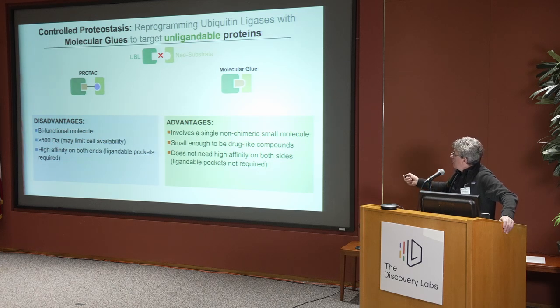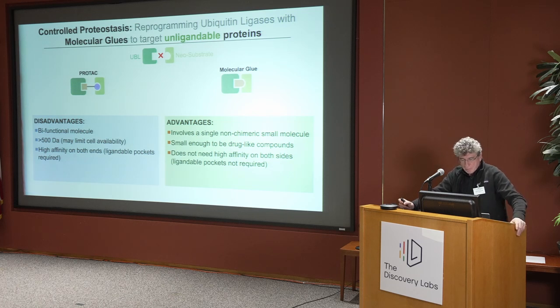The binding occurs when the small molecule binds the E3 with high affinity, and then it forms a new surface which is recognized by the downstream substrate. So in contrast to PROTACs, which can target undruggable proteins, molecular glues have the advantage also of targeting unligandable proteins.